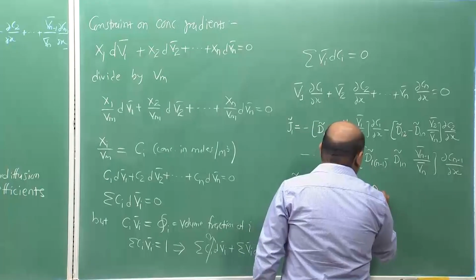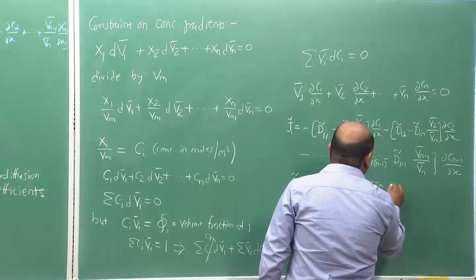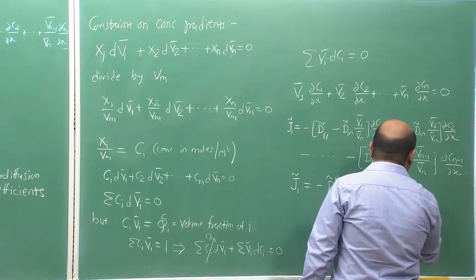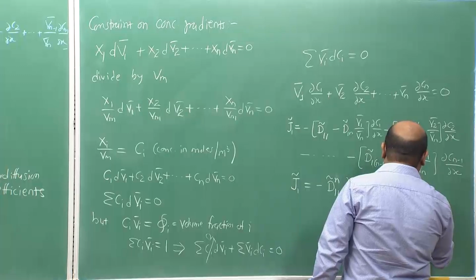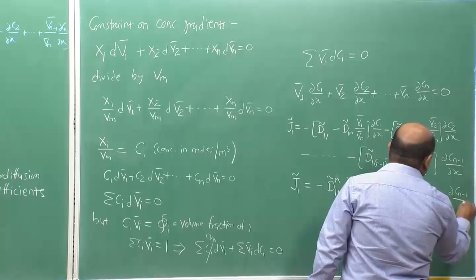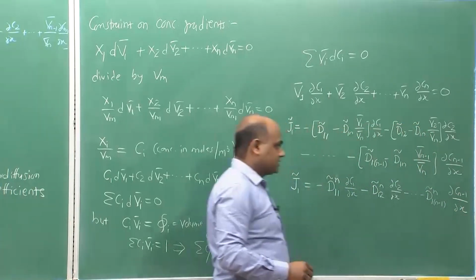Similarly, this one will be d tilde 12 superscript n, and so on till d tilde 1 n minus 1 superscript n dou C n minus 1 by dou x.